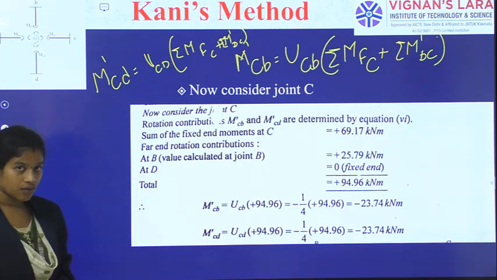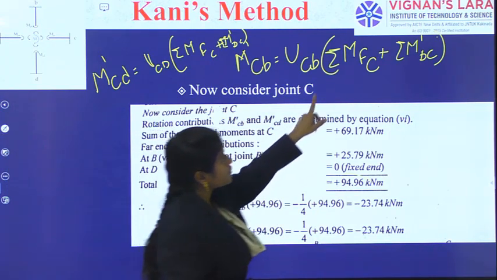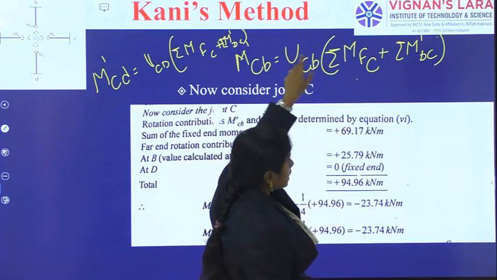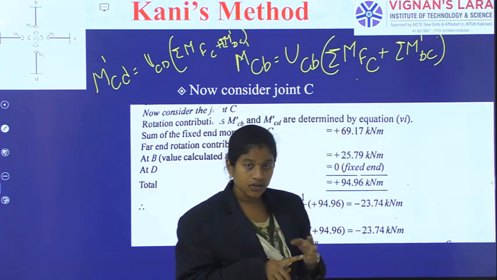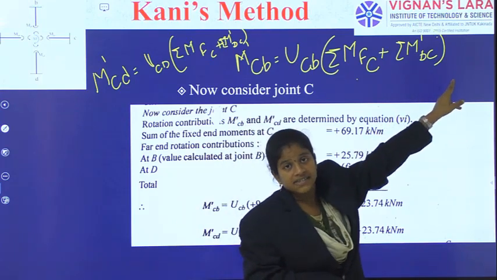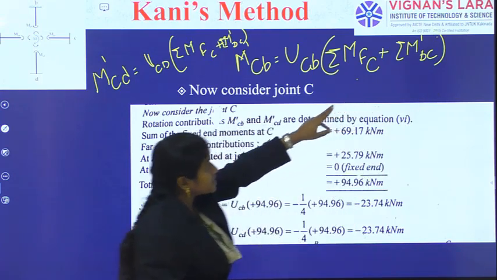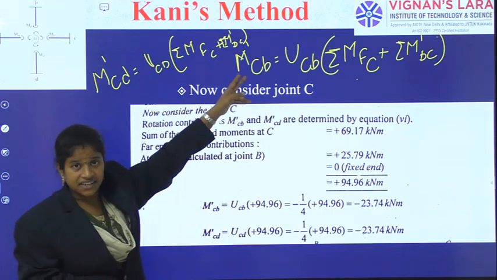And as we have already said, the summation of fixed end moments involves MFCB, MFCD, and also I am adding M dash DC.